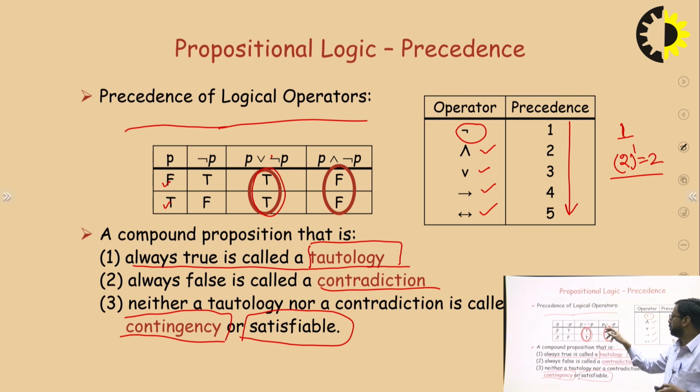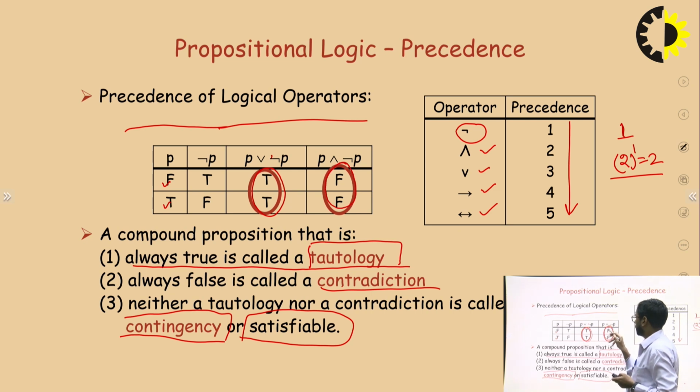And the case p logical and negation of p. If both values are true, then the result will be true, otherwise false. Here: false, true, false, true, false, false.